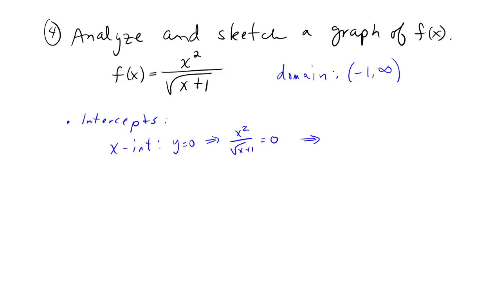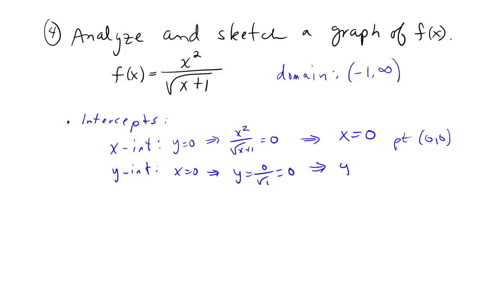That's only going to happen if x is 0 to make the numerator 0, and that would give us the point (0, 0). Y-intercepts, so let x equal 0. Then you're just going to get 0 over the square root of 1, which is 0. So y equals 0, but that's obvious because we had the point (0, 0), so it's both an x-intercept and a y-intercept.